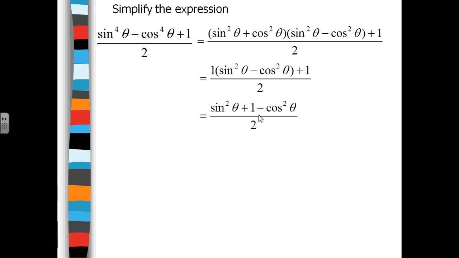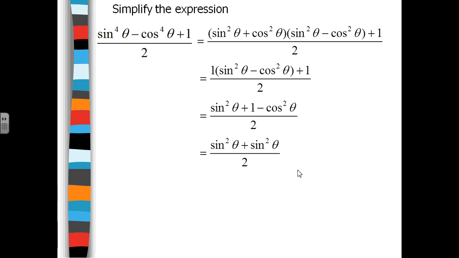Because what I can do now is, if you remember your Pythagorean identity, that sine squared plus cosine squared is equal to 1. Well, if I solve that equation for sine squared by subtracting cosine squared from both sides, I get 1 minus cosine squared. So this whole expression of 1 minus cosine squared can be replaced with sine squared.